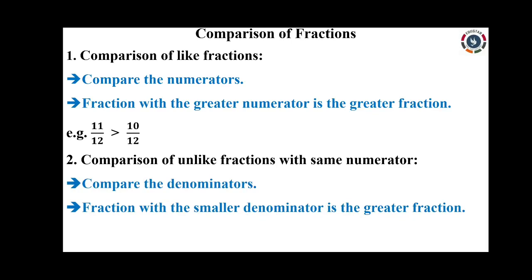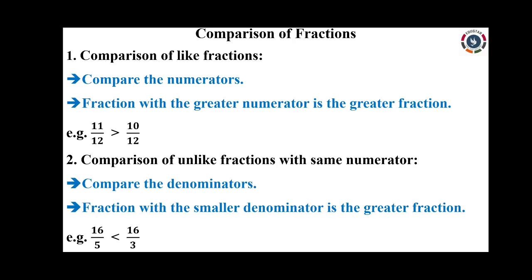When comparing denominators, the fraction with the smaller denominator is the greater fraction. Example: 16 by 5 and 16 by 3.